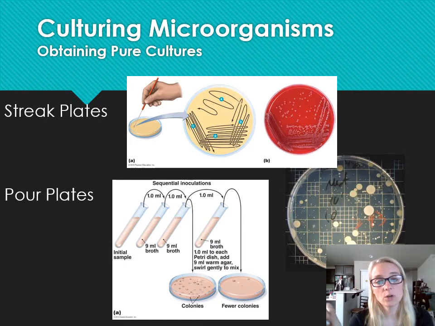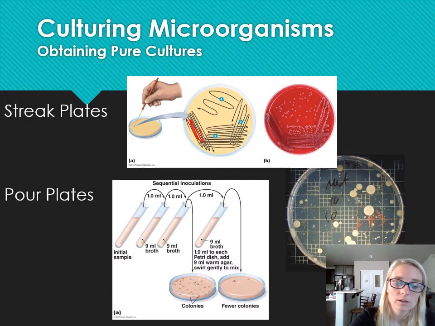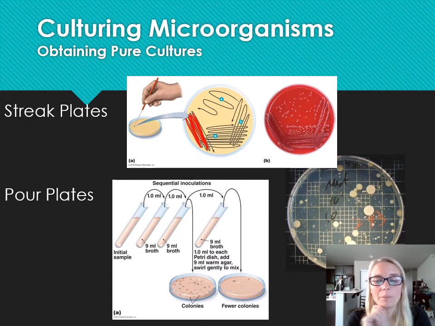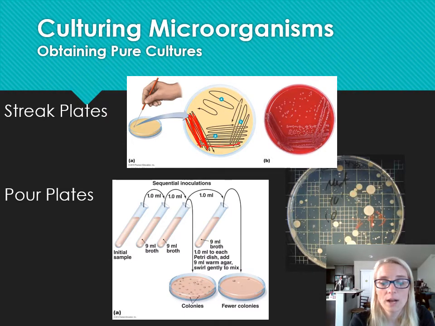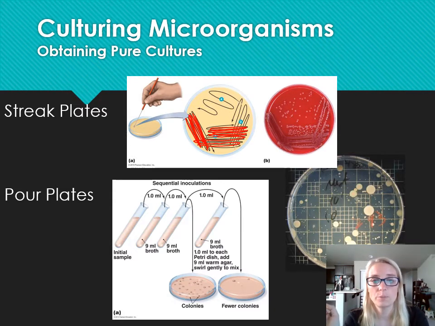You get your culture on your loop and you spread it really strongly in one section of the petri dish. Then you sterilize your loop. Then, without going back into your original stock, you take your loop and go a few times into that first streak, and bring it out to another section of the petri dish.